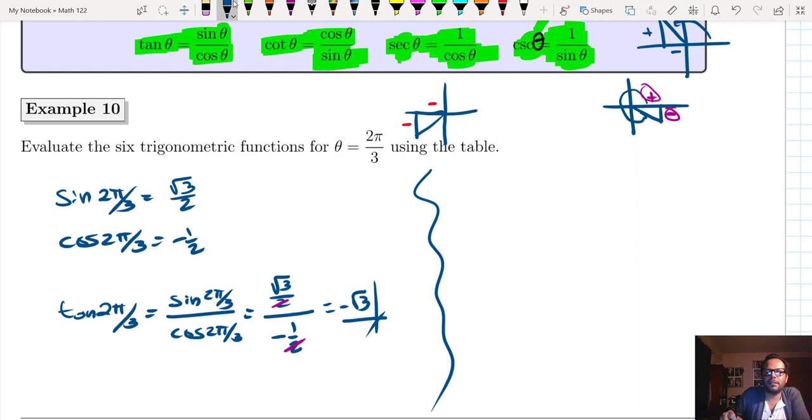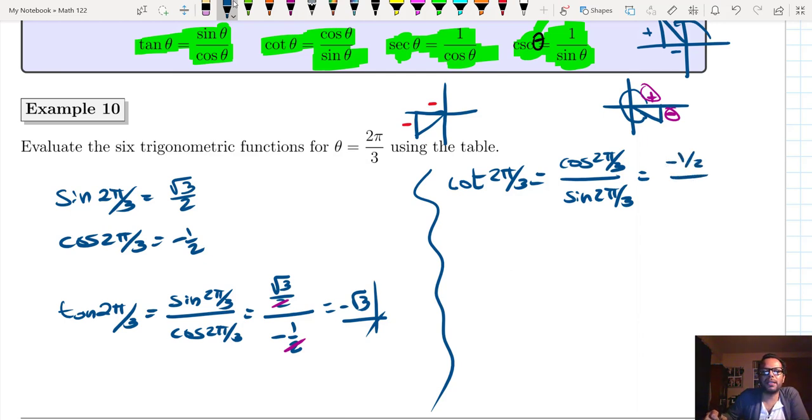Cotangent of 2 pi over 3 is cosine over sine, or simply cosine 2 pi over 3 over sine 2 pi over 3, which is negative 1/2 divided by root of 3 divided by 2.